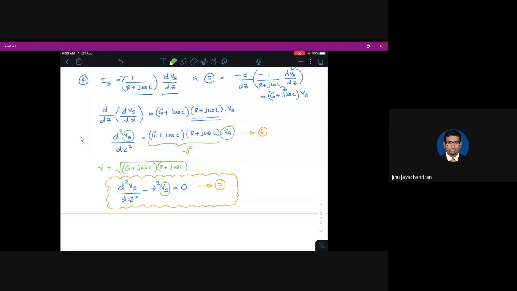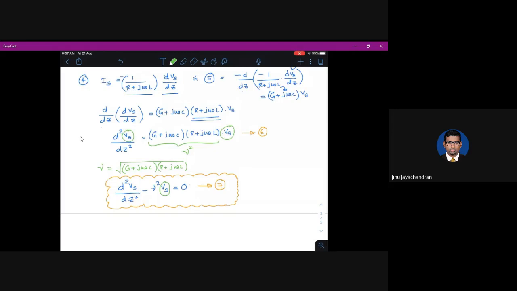Vs is only dependent on z, not on time here, but it is fine because time dependency is through e raised to j omega t, and even if you differentiate or integrate e raised to j omega t, you will always get back e raised to j omega t with a multiplication factor. So it is easy to manipulate.